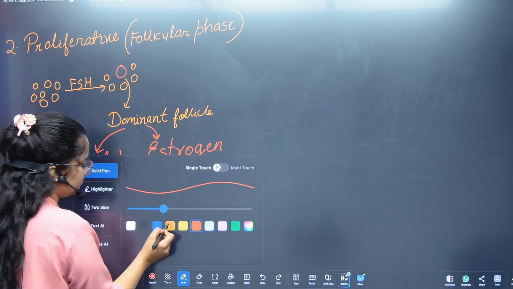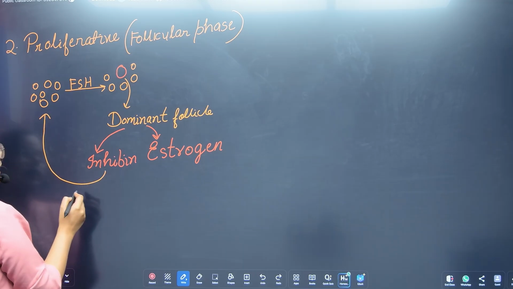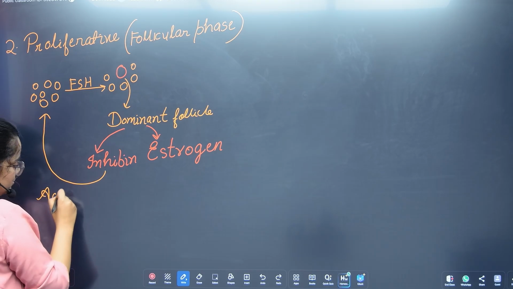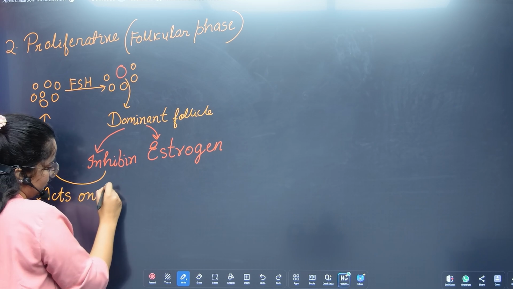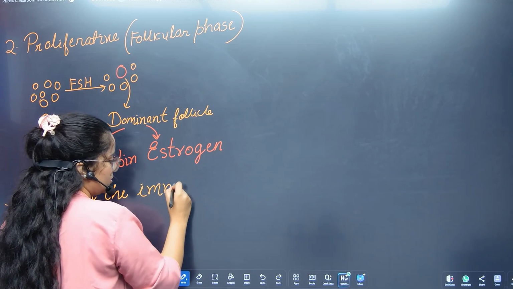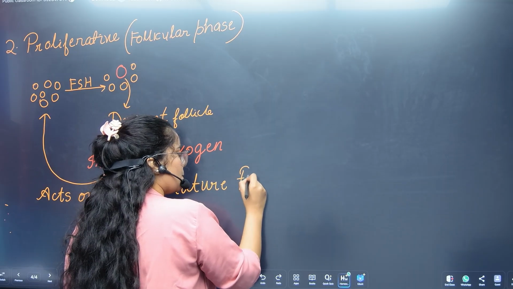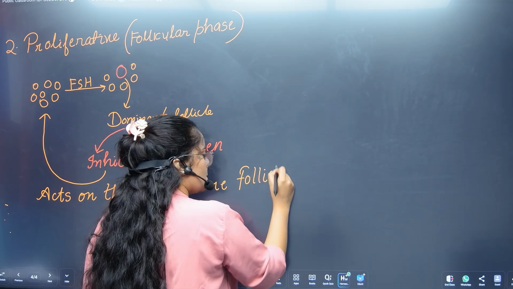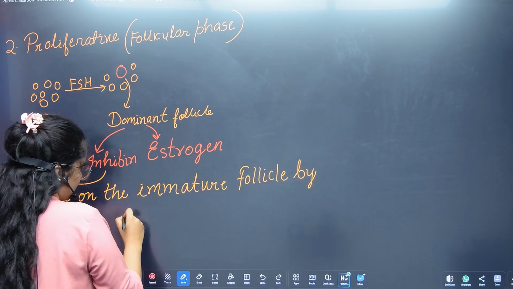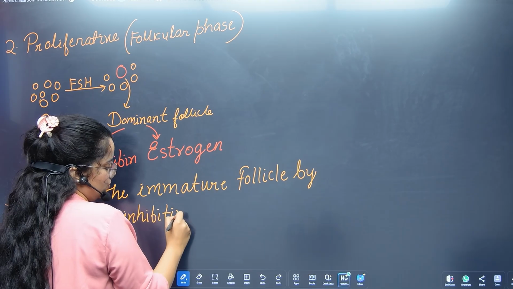This inhibin acts on the immature follicles and prevents their growth by inhibiting the action of FSH on them.